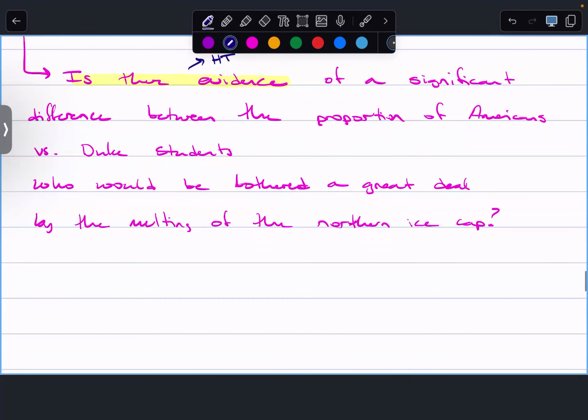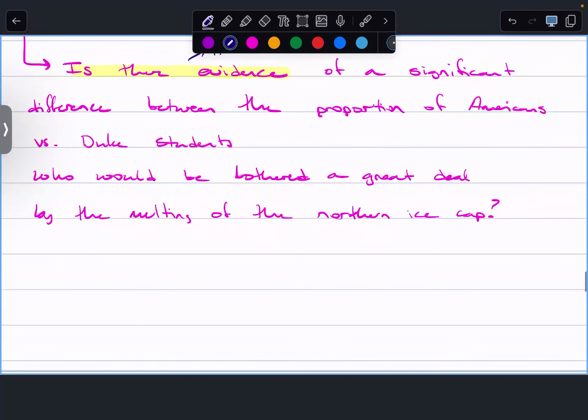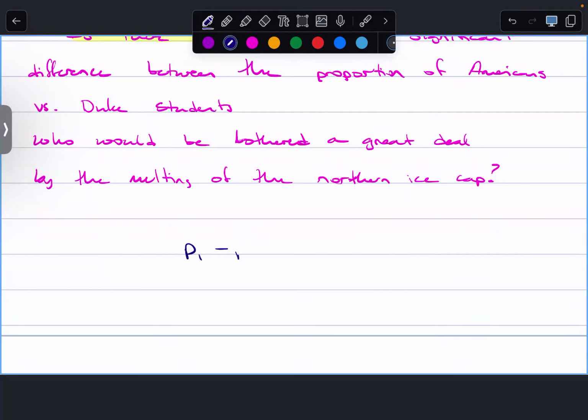Well, if I want to compare the difference in the proportions, and if they're not significantly different, then what would happen to P1 minus P2? If they're the same, then what we would say is that that difference is equal to 0. So that's nice, right? If they are not significantly different. So that's going to be your null hypothesis.